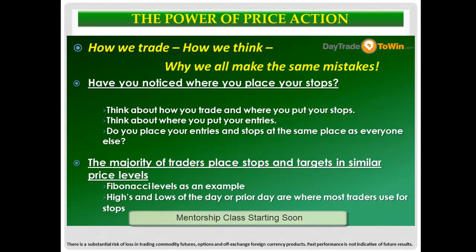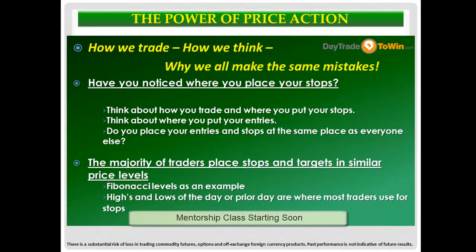So the majority of traders place their stops and their targets and their entries at Fibonacci levels that everyone is looking at, or highs and lows of the day or prior day, or even at even numbers. Okay? So if you're doing any of the above, you're really just doing what everybody else does.